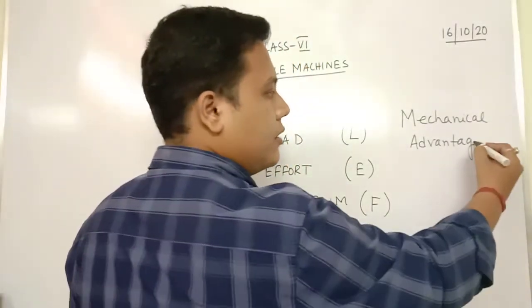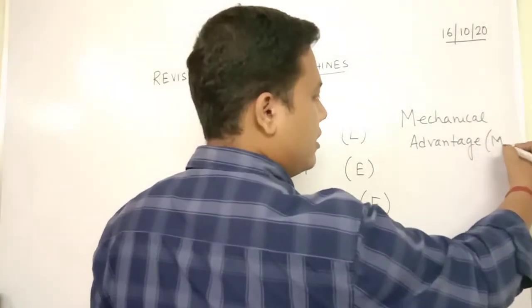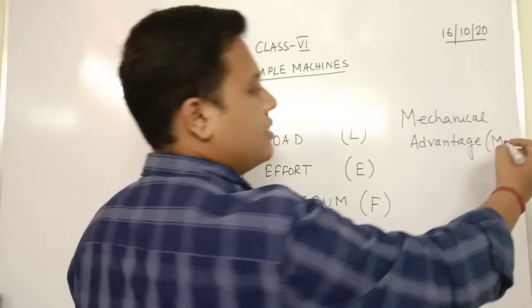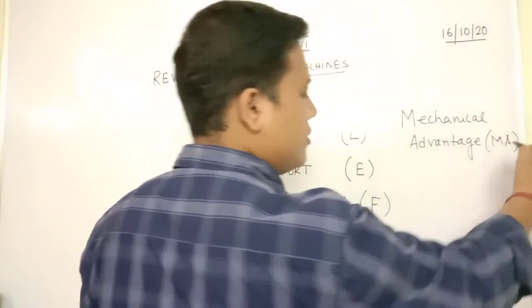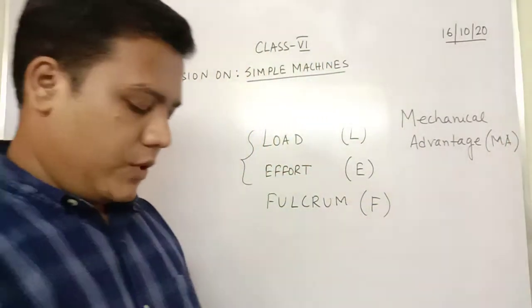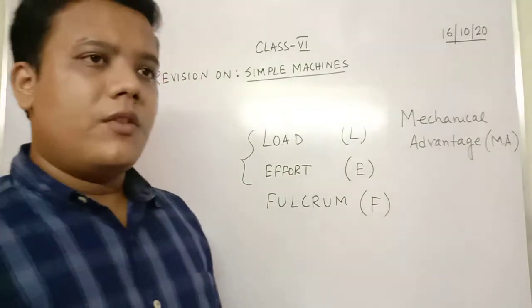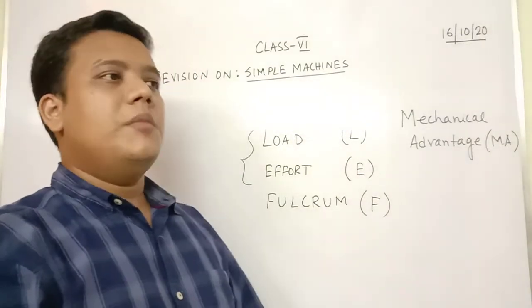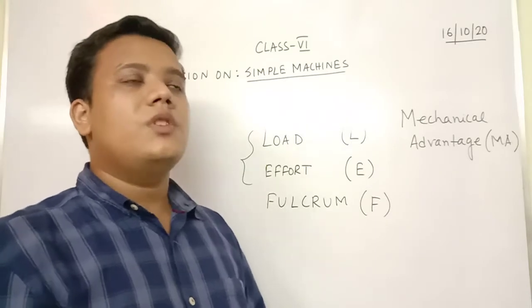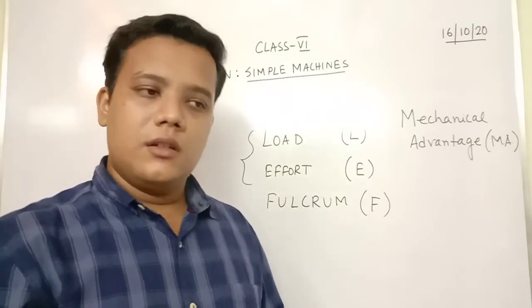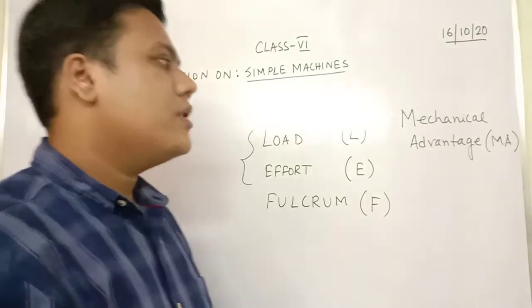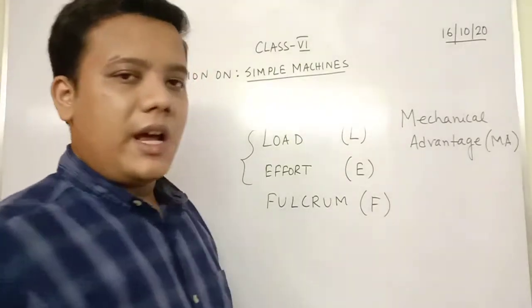It is denoted by the abbreviation MA. Why is it called mechanical advantage? Because we are using a machine for our own advantage, and as it is a machine, the advantage which we are getting from it is a mechanical one, right? That is why the name mechanical advantage is given.